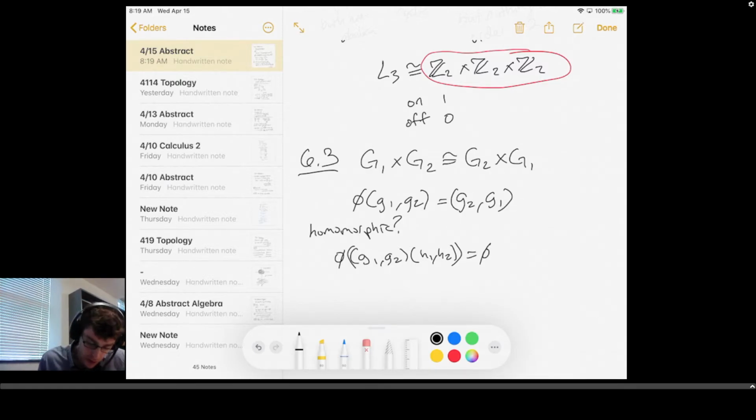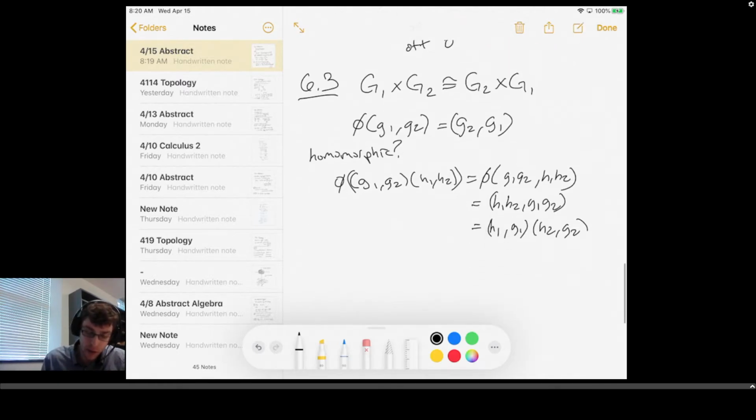Well, this is just phi of (g1 h1, g2 h2), which is (g2 h2, g1 h1), you just flip them there, and then you can drag it back, right? So this is (g2, g1) times (h2, h1), and there you can break it into your phis. So phi of (g1, g2) times phi of (h1, h2).